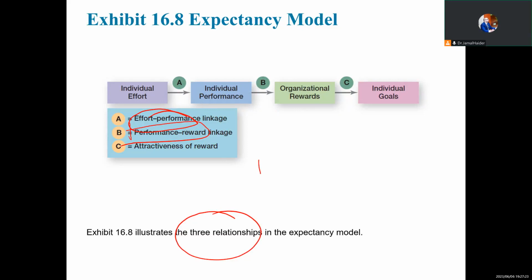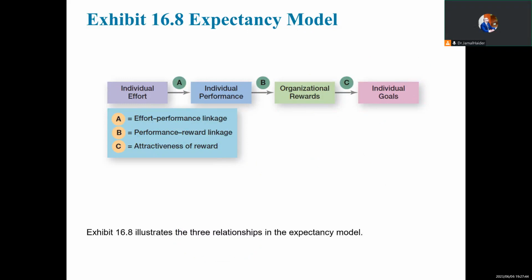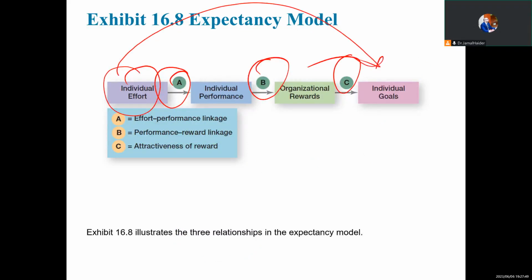And if the reward is aligned with your individual goals, okay, you are expecting a $20,000 bonus and you are given 20,000 or a 19,000 bonus close to that, you would be satisfied. And in that case, your individual efforts are linked with your individual goals, and all these three are linked together.